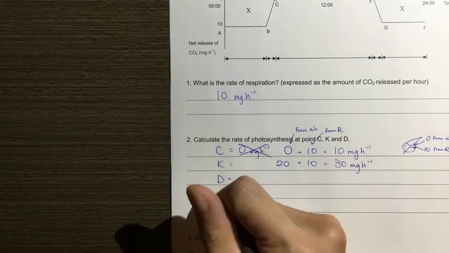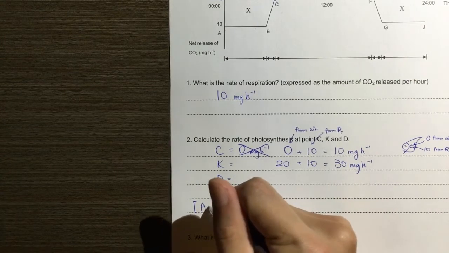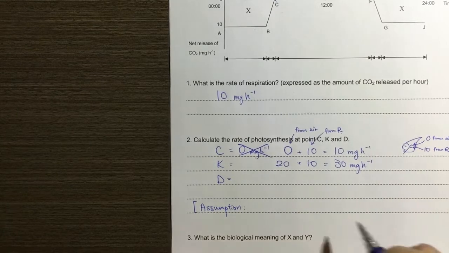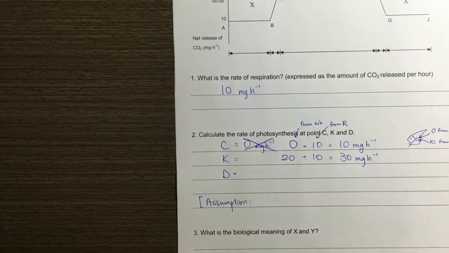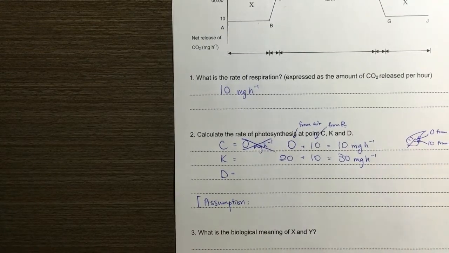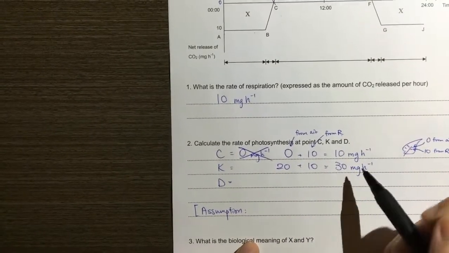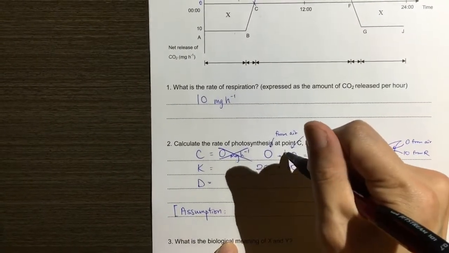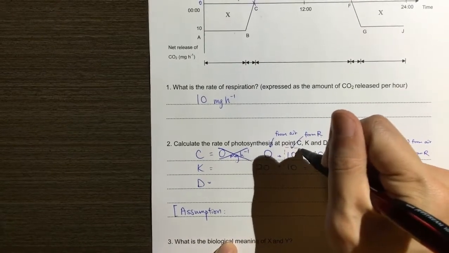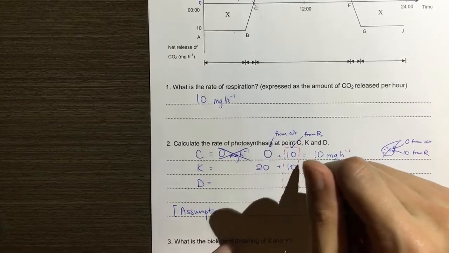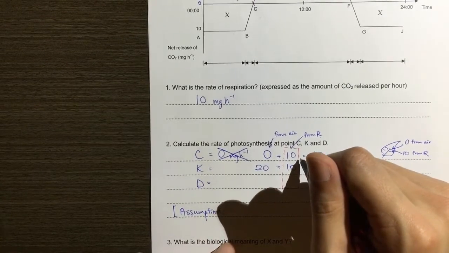Here, I would like to emphasize our assumption in our calculation. Actually, this calculation makes sense because we assumed one thing. Look at these values. These values represent the rate of respiration.